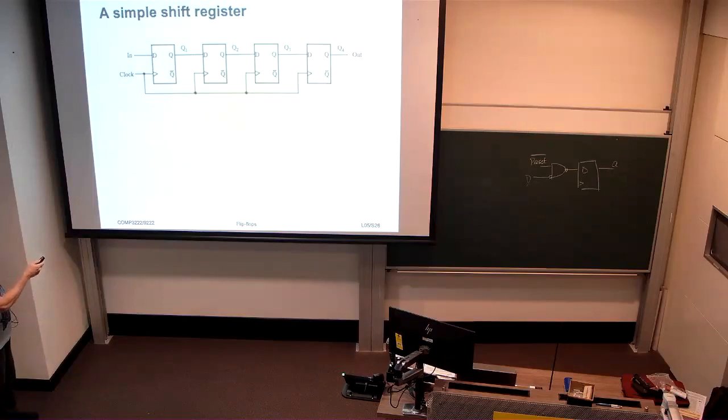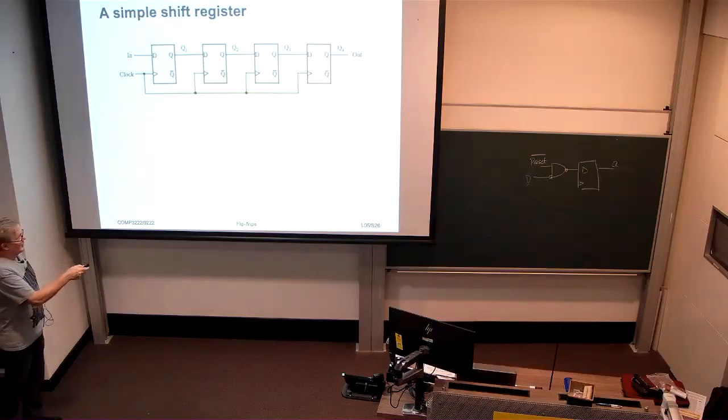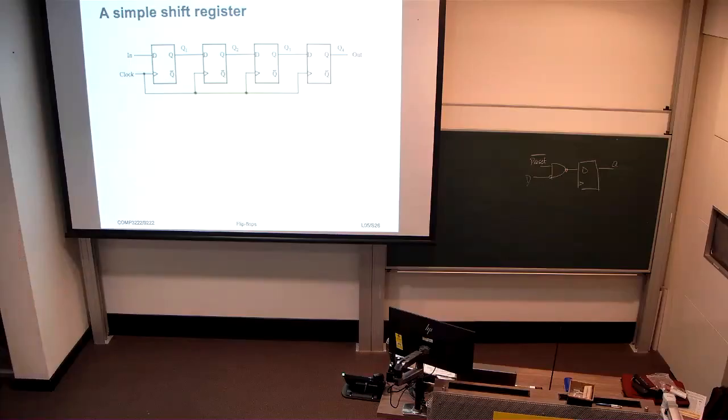And the next flip-flop along is going to transfer this value Q1 to its output Q2 when the next rising clock edge comes along. And similarly, for the subsequent flip-flops to the right, each one transfers that bit one clock cycle later to the next flip-flop to its right.